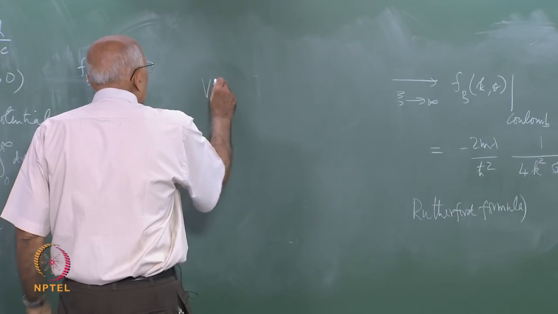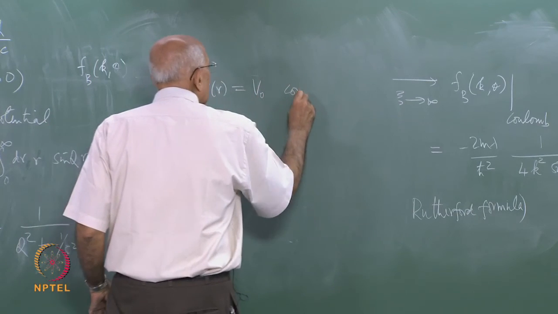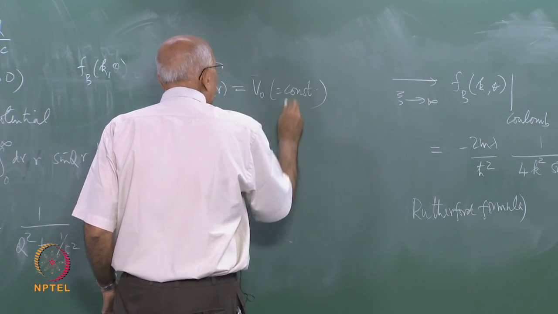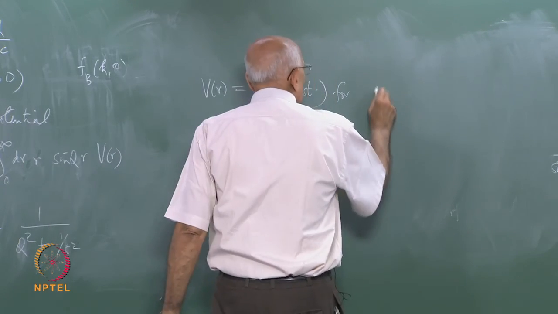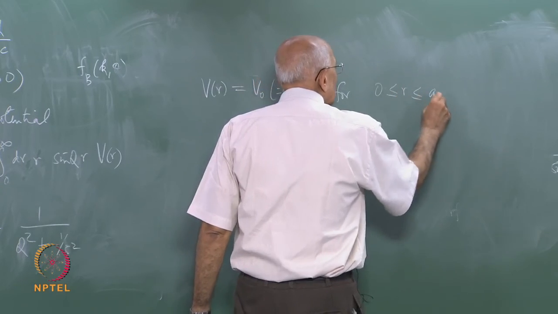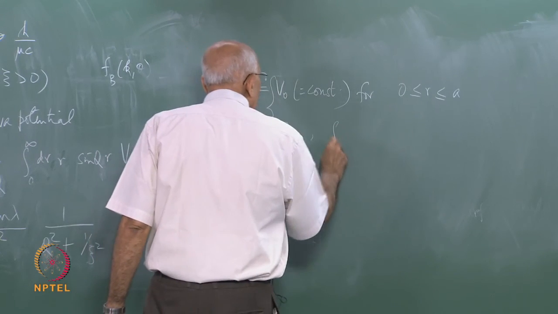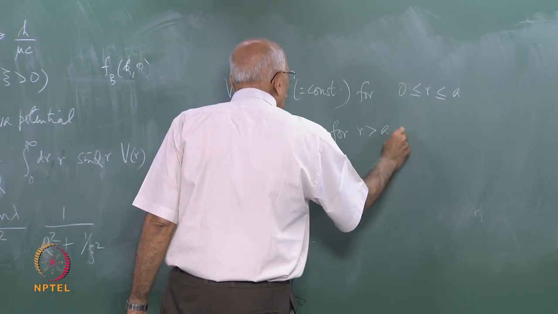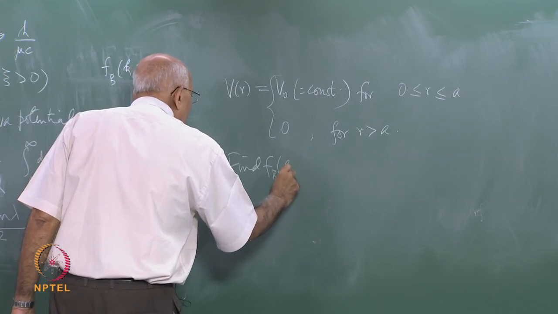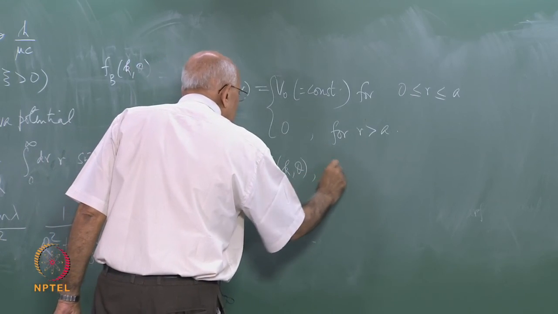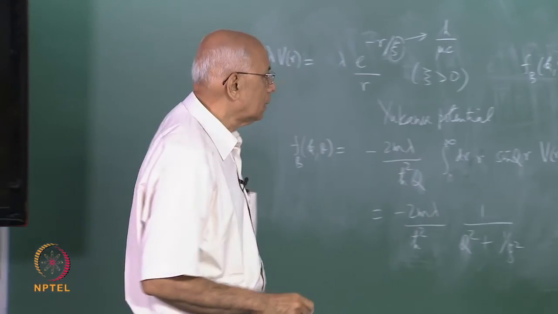Take V of r to be equal to V naught, some constant, for 0 less than or equal to r less than or equal to some fixed number a, and 0 for r greater than a, and find f_B of k, theta, and sigma, the cross section in this case.